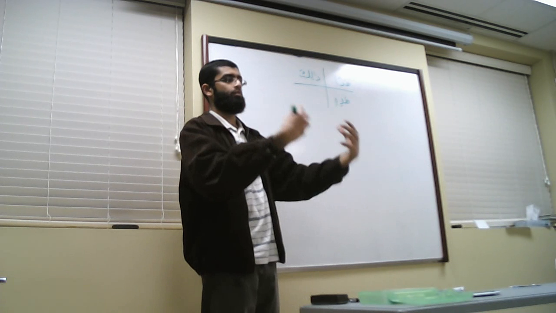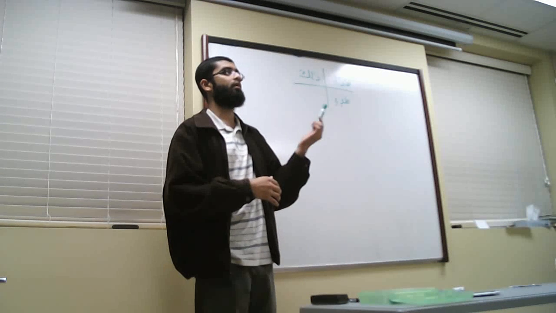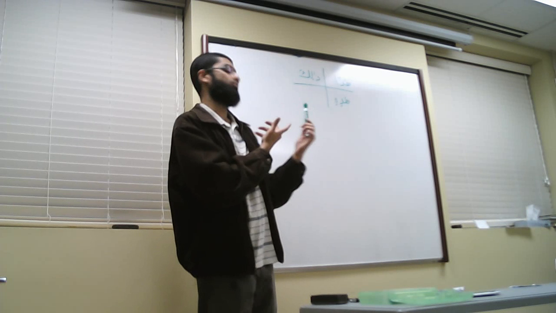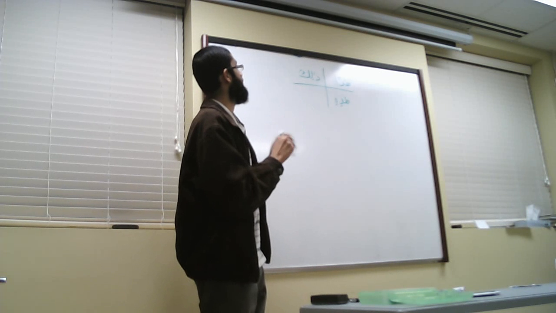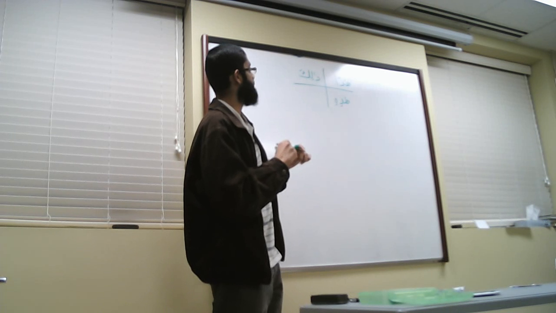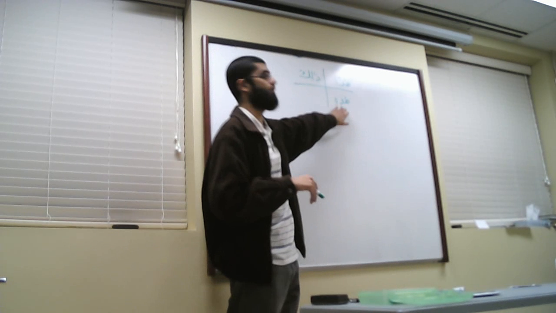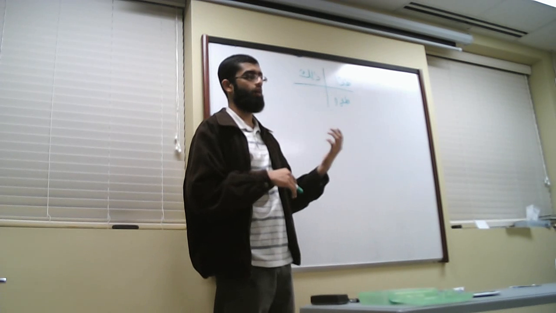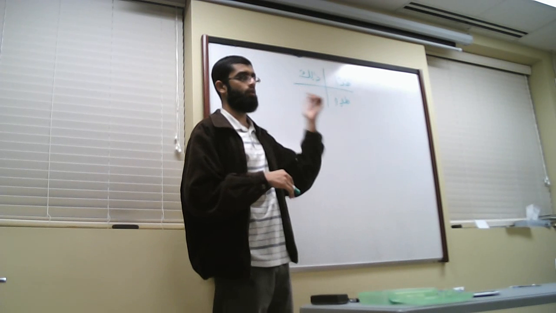And hadhihi, which we learned last lesson, is for something which is feminine. So if I have a watch, I would say hadhihi sa'ata. So you have masculine here and feminine here.